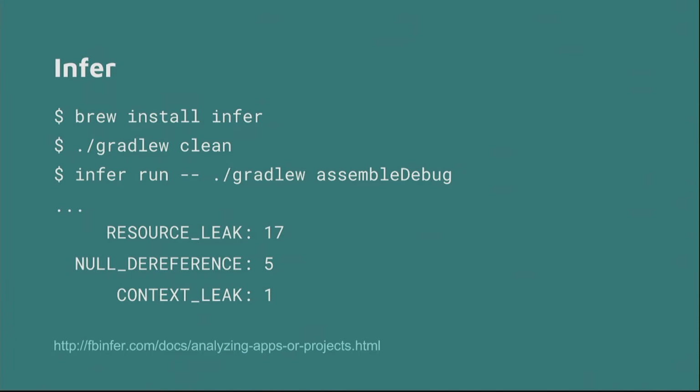If you pass null from one method, and another method doesn't check for null, even if you do not annotate it with nullable or non-null annotation, I would say this one is really useful for legacy projects, because you can find null pointers which are actually happening, just after one run. And context leak, which is just a leak of context, which is, I think, a trivial problem for Android developers.